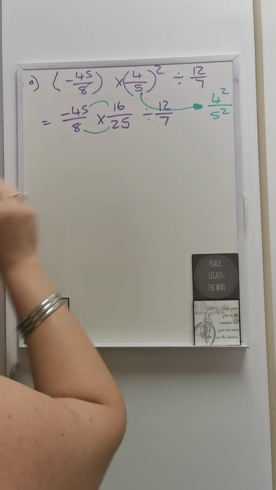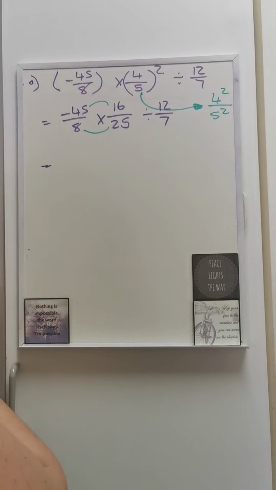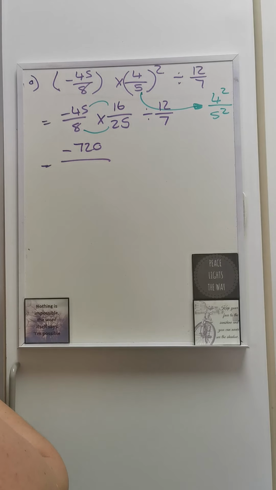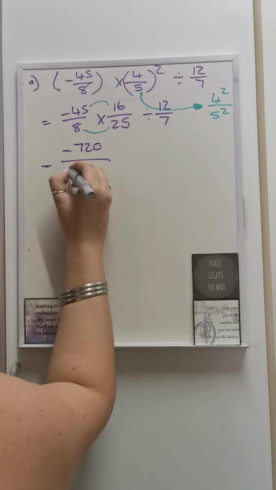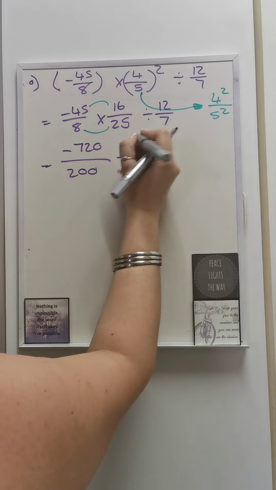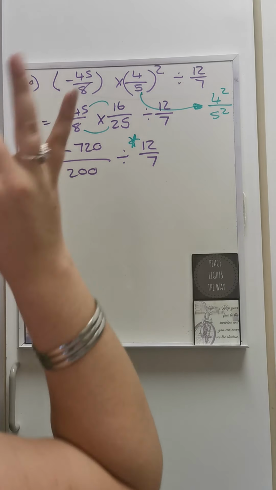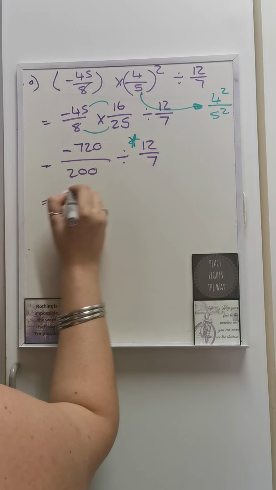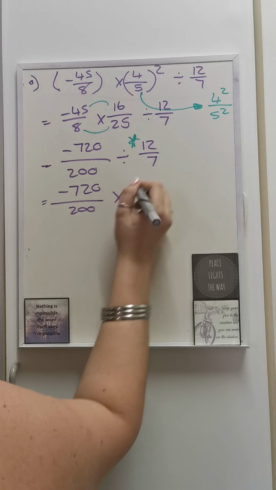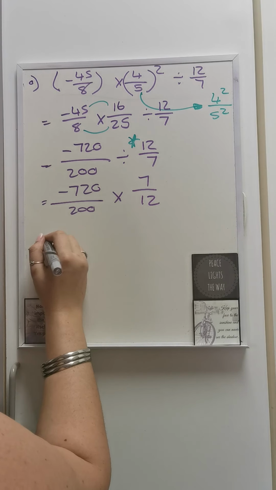We times at the top. So it's going to be negative 45 times 16 gives you negative 720. 8 times 25 gives you 200, divided by 12 over 7. The divide tells me lights are going on. I know something must happen. So negative 720 over 200 times 7 over 12.